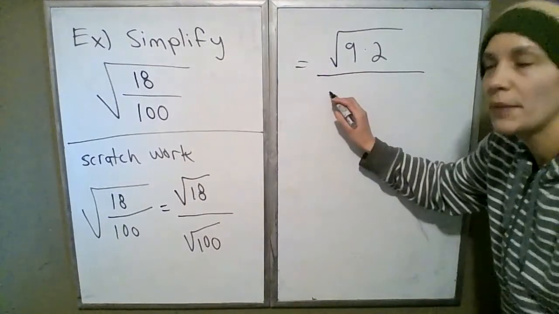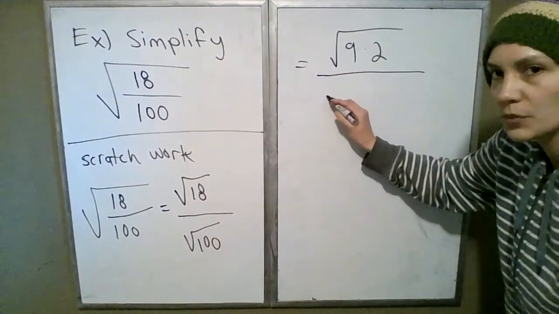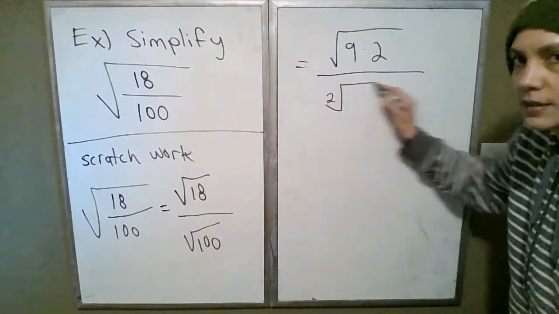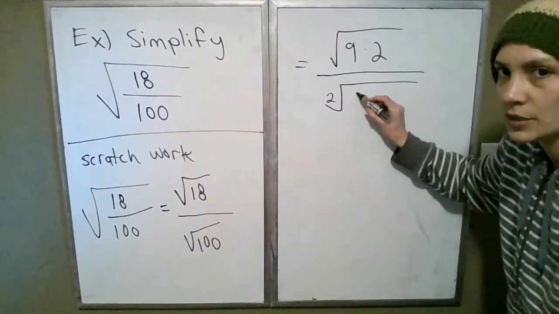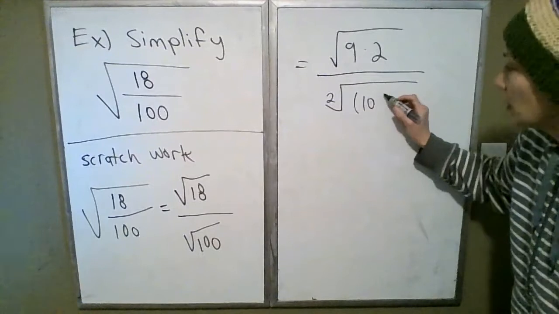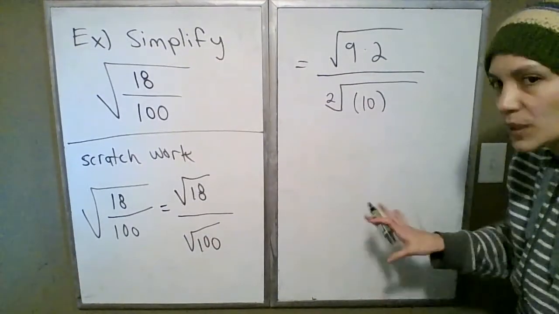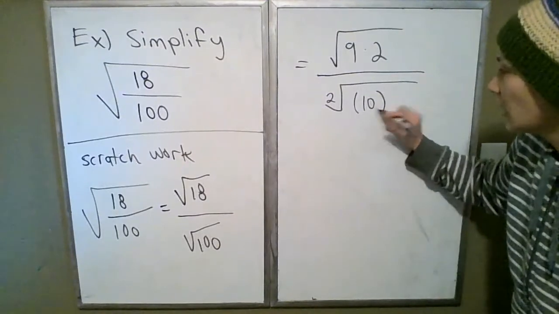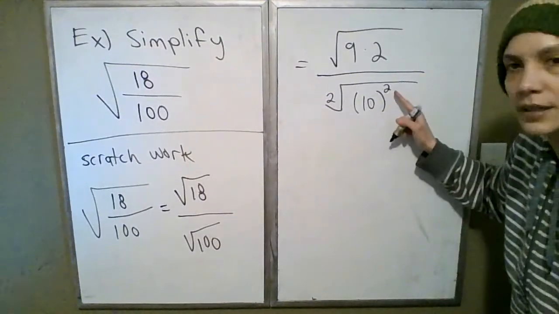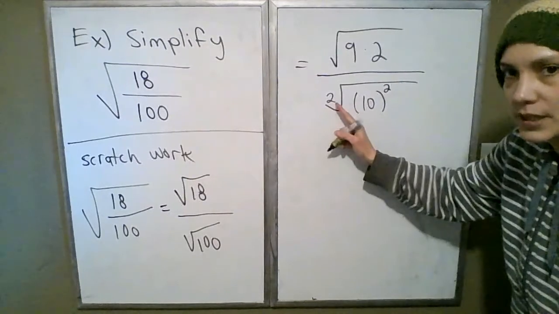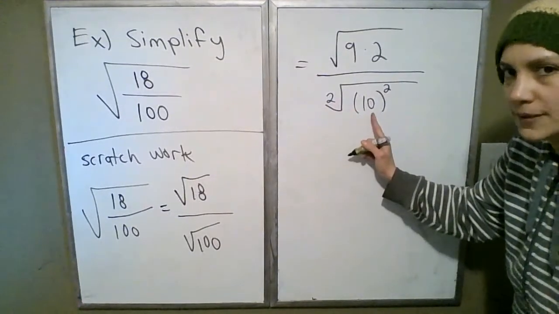Remember, if there's no number in your root, it's a square root. And I know I can write 100 as 10 squared. So instead of going down all the way to the fully factored form, I can get a power that matches the root and still have the same number, 100.